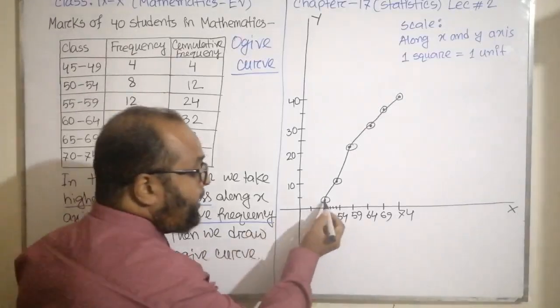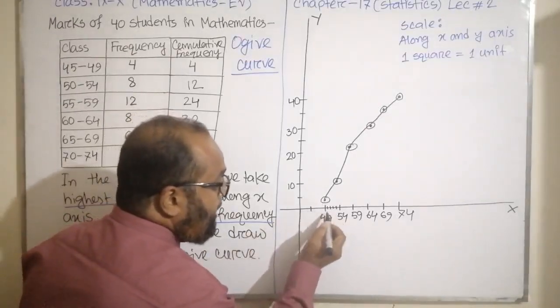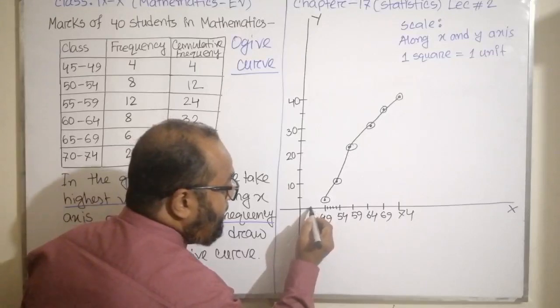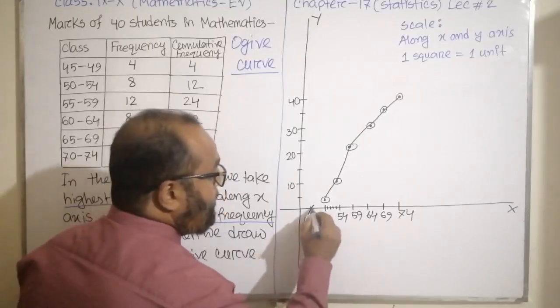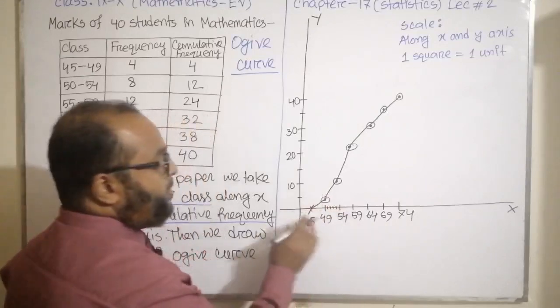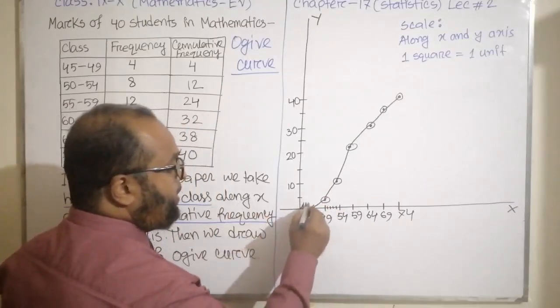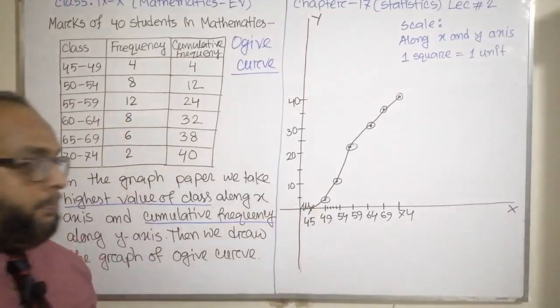So we join from 45 here, and this is our broken part.